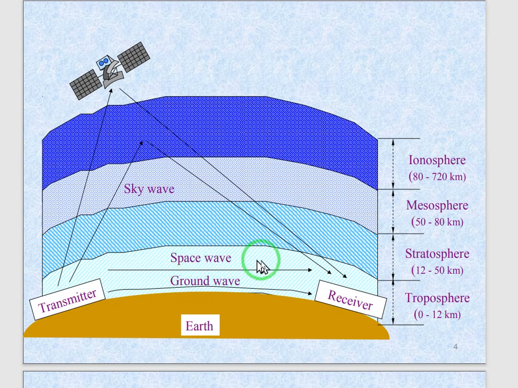The space waves travel directly, in a straight line between transmitter and receiver, and the sky waves are basically the reflection of the signal from the transmitter to the ionosphere, and after reflection, back to the receiver.